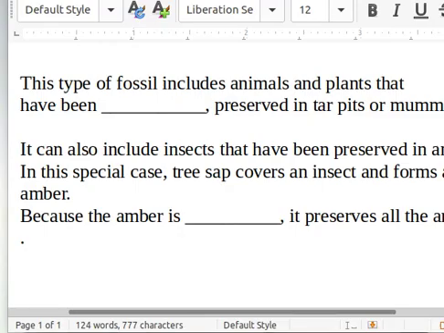Yes, texture, very good. So let's have a look at the next listening. So let's read. Okay, that's very good. Someone else would like to read? Okay, this type of fossil includes animals and plants that have been something, preserved in tar pits or mummified.